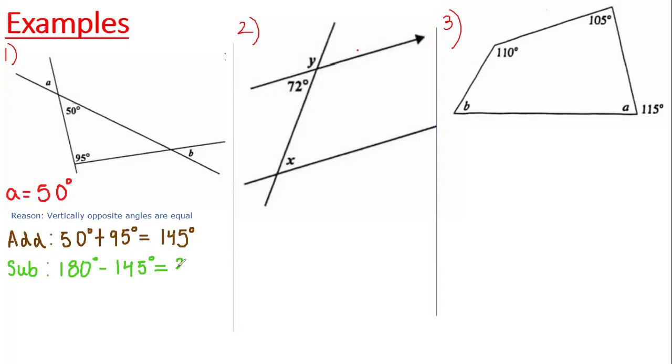Yes, that's correct. So that means that B is equal to 35 degrees.